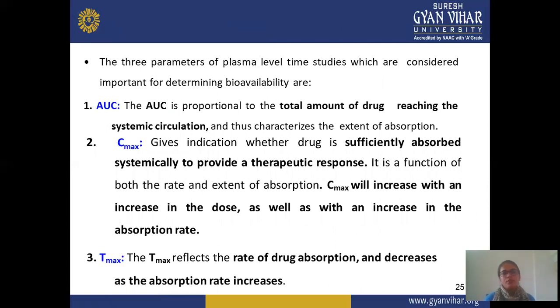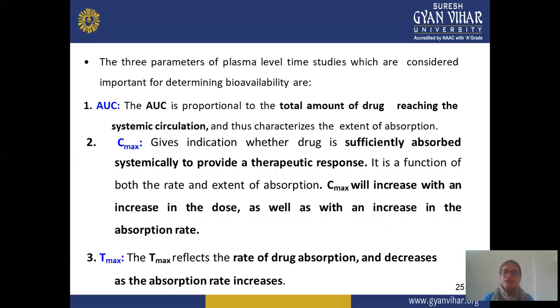Next are the 3 parameters of the plasma level time study which are considered important in determining bioavailability. One is AUC. AUC is proportional to the total amount of drug reaching the systemic circulation. Next is Cmax, the maximum concentration.